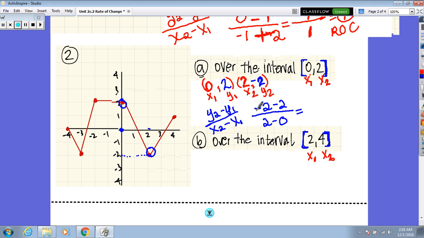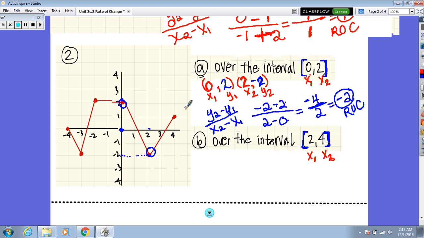Alright, so -2 minus 2 is the same thing as -4. When in doubt, punch it out. Okay, on the bottom, 2 minus 0 is 2, and we need to simplify. So -4 divided by 2 is -2. So that is my rate of change.